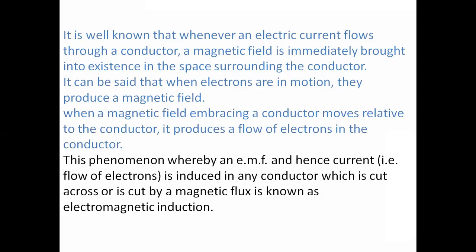This phenomenon, where EMF and current are induced in any conductor which is cut by a magnetic flux, is known as electromagnetic induction. EMF is electromotive force, and from that there is a generation of current. So these are induced.